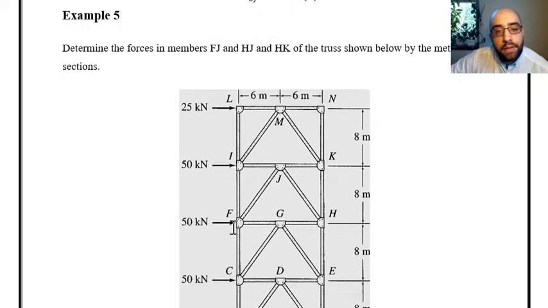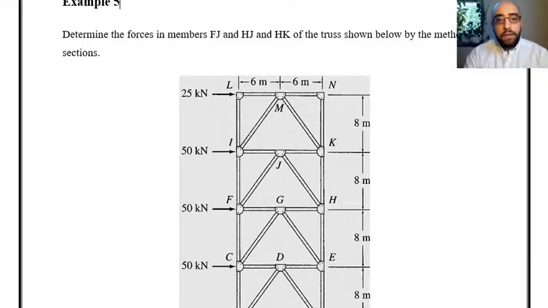I have one more example about this method, and you can see how we can use this method in solving this example over here. This is the last example that we have about truss structures, and it is asking about finding the forces in members Fj, Hj, and Hk.